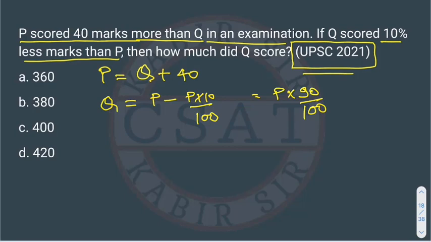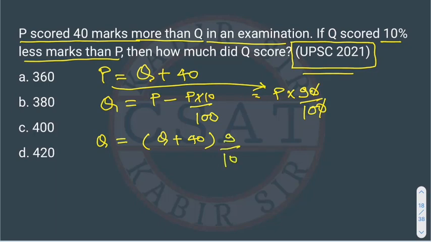Okay. So now how we will solve it? We will put the value of P here, right. So it will be Q is equal to 90% of Q plus 40. This 0 will cancel this 0. So it will be 9 by 10. Now the 10 will go this side, right.